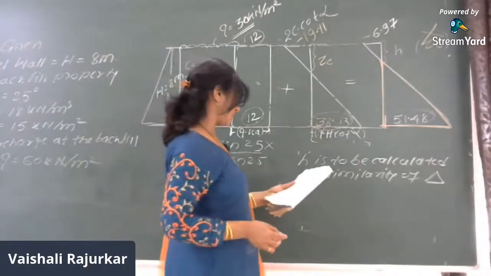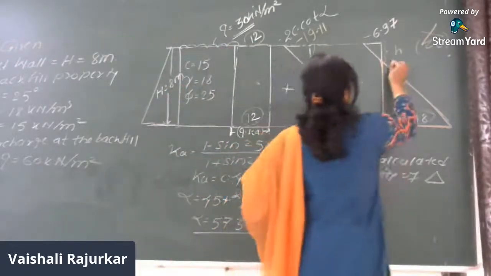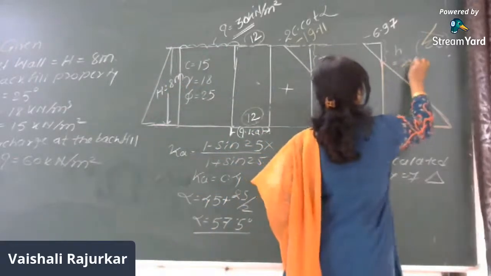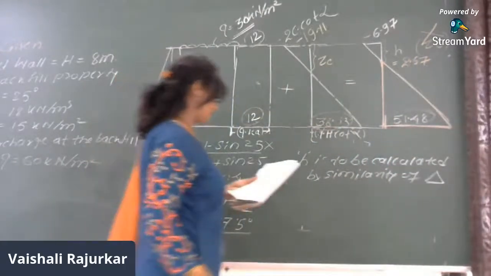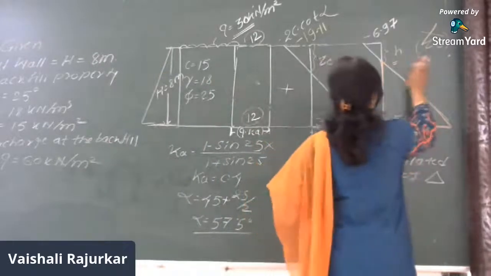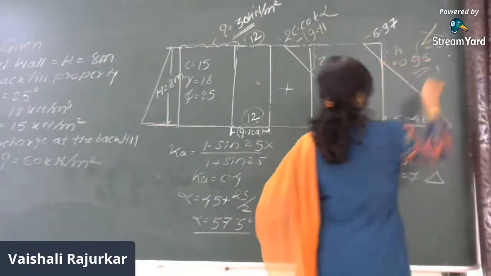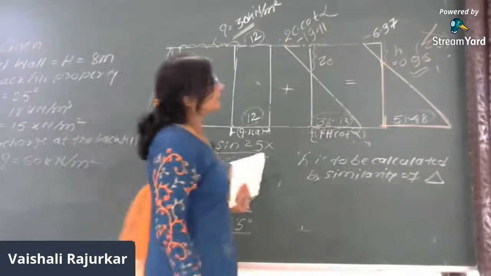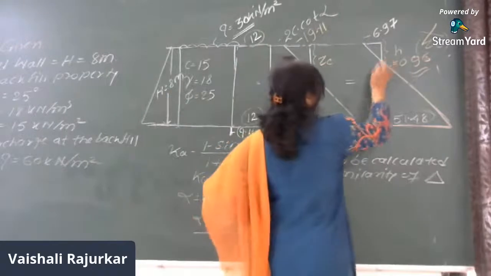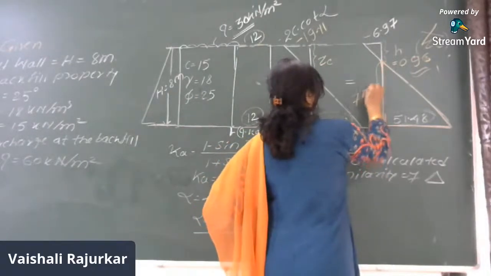This distance is found to be 2.67. So this h is 2.67. If suppose it is around 0.96, it means it is around 1. So if the h is 1, in that case, what is this distance? 8 minus 1, it will be 7 meter.